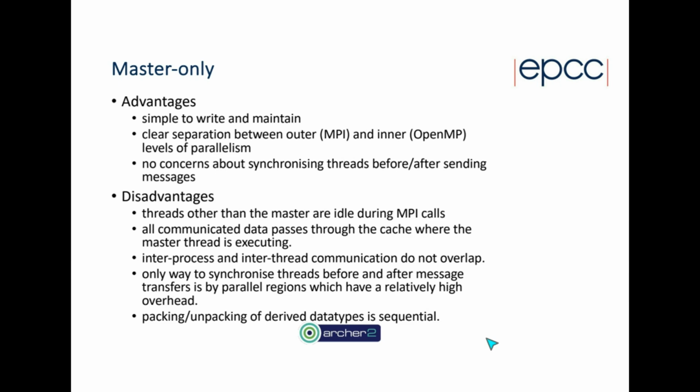So as you go to more threads per process, suppose you're keeping the total number of cores constant, the time spent in MPI calls gets longer, and then the consequent idle time also gets longer, because you're adding more threads. There are more threads sitting there doing nothing while the MPI is happening.